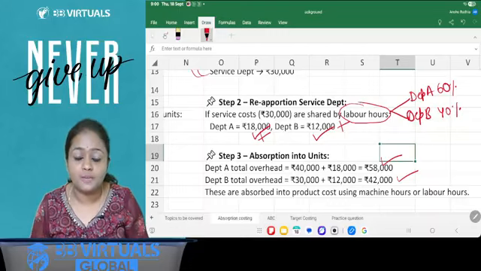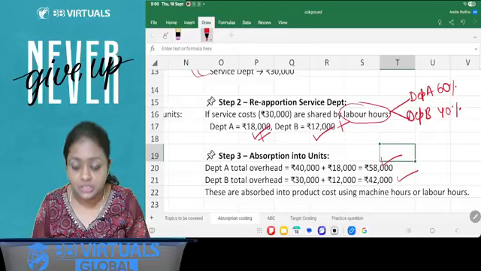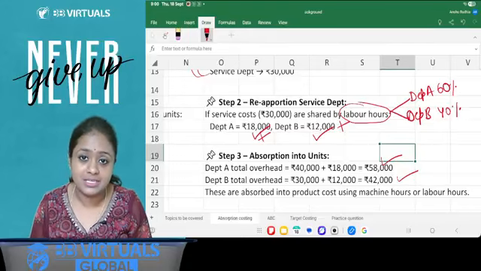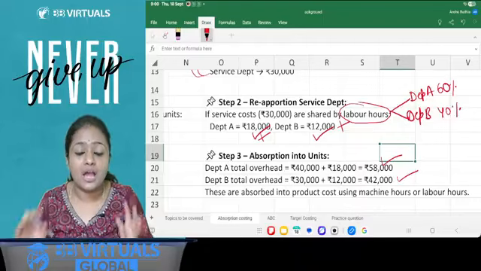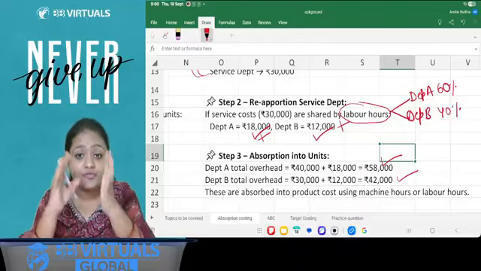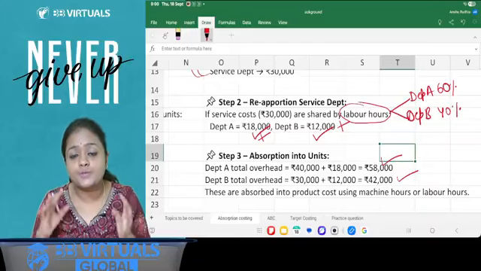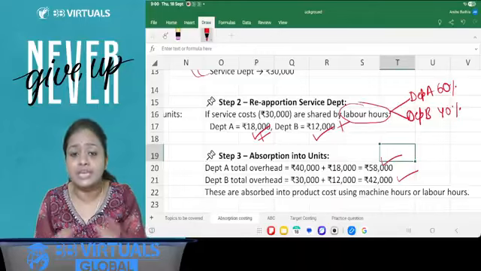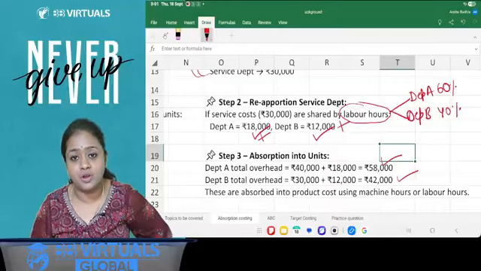Now we will absorb it into the products based on the machine hour or the labor hour as deemed fit. Any questions now? Are you absolutely clear with the flow of how absorption costing typically works? Any confusions, any questions, please put them in the chat box.